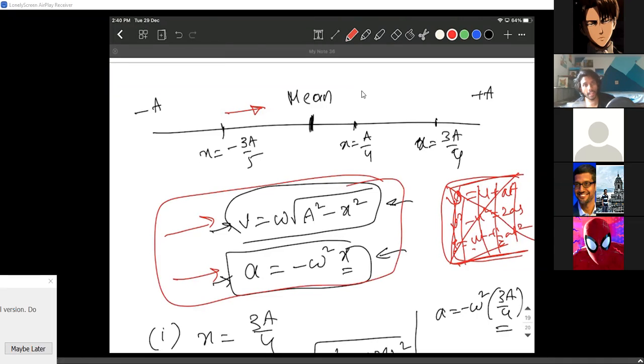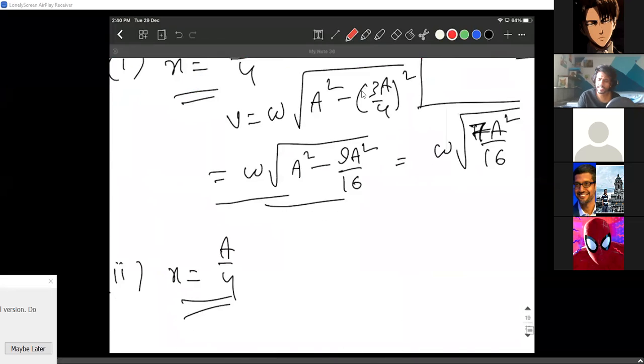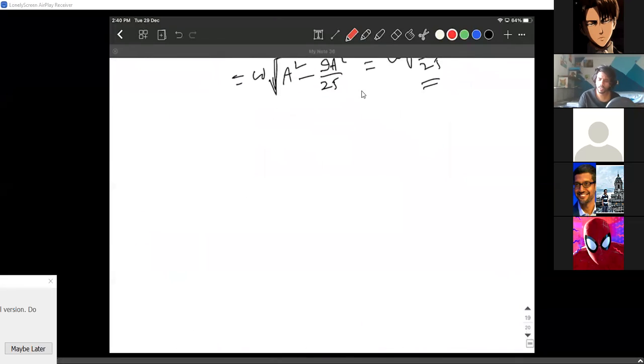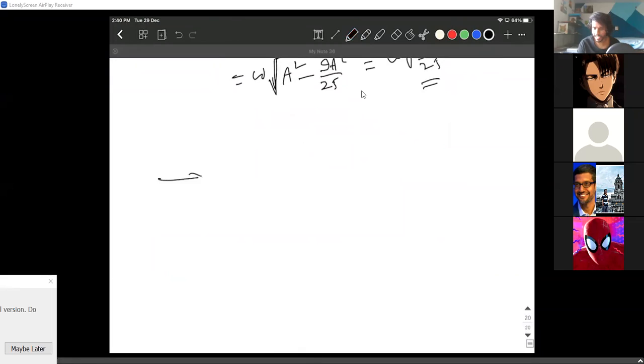So at any point you want to find the velocity or the acceleration, you can happily use them. Like Aniket said, he wants to find the time. Let's do that. Before doing that, let's give a final conclusion, a final understanding.